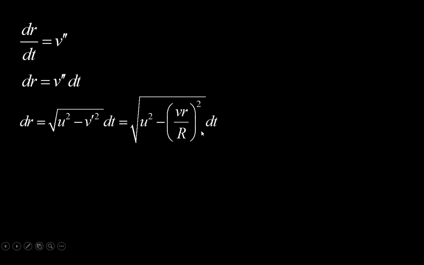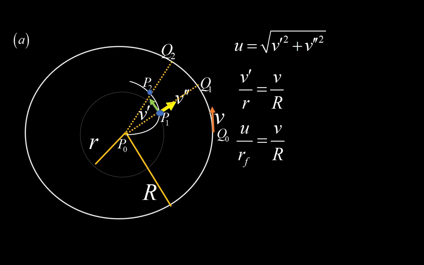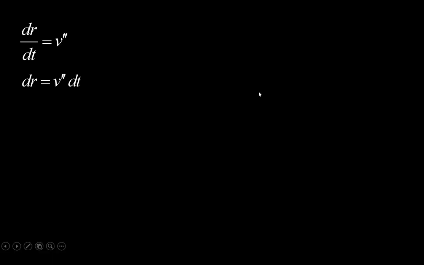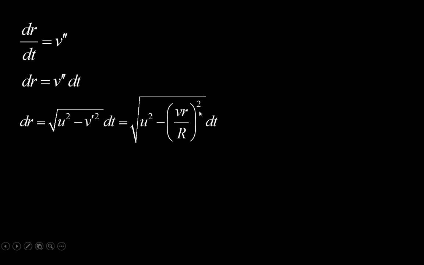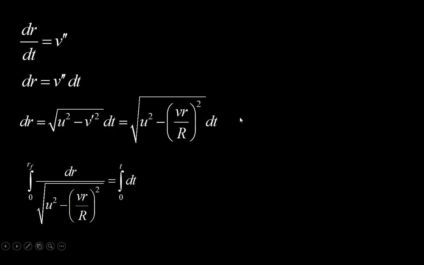We have seen v dash just now, so put the value of v dash from this expression. Then bring all r terms on one side and t terms on the other side, and then integrate.